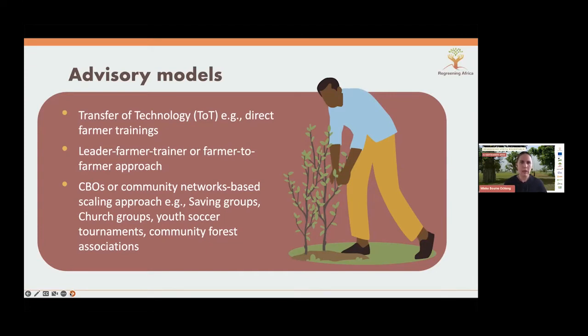We've also been utilizing lead farmer trainer or farmer-to-farmer approaches to allow for a large reach within communities, and also community-based organizations or community network-based scaling approaches, looking at saving groups, church groups, sports groups, community forest associations, and others. We just wanted to give this highlight as we go into the cases to show the breadth of the types of advisory models and practices that are promoted.